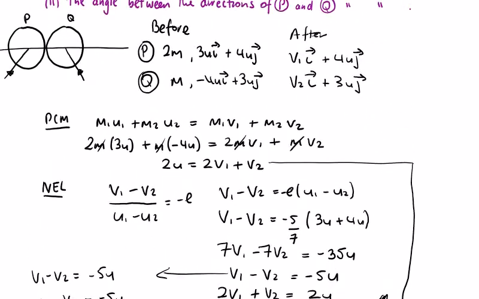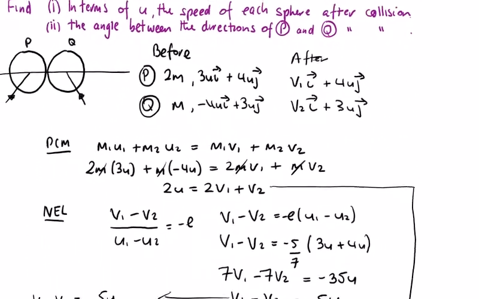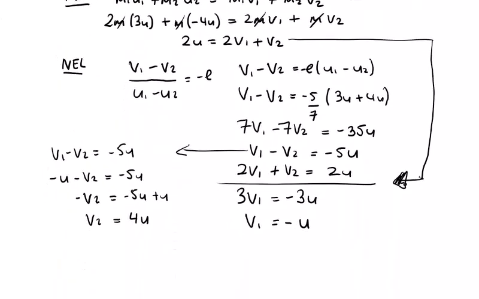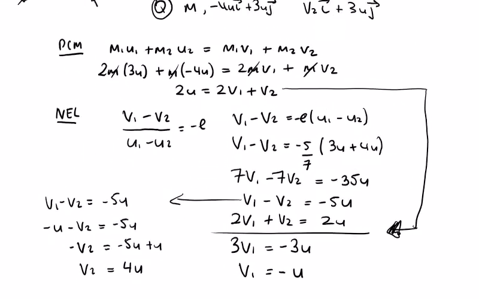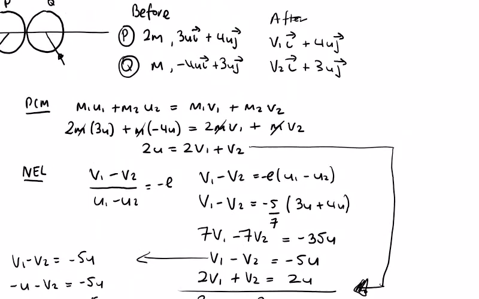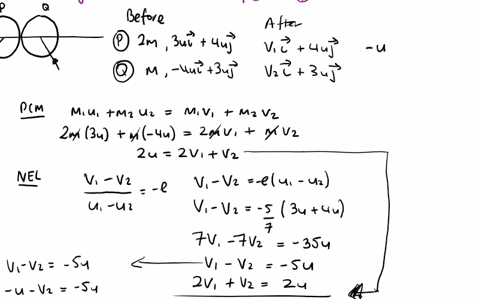Now we were asked for the speeds in part 1, the speeds in terms of u, the speed after the collision. So we just write down what they are afterwards. Now we can do it up here beside the after. For v1, we got minus u, so we're going to have minus u times i plus 4u times j. And v2, we got 4u times i plus 3u times j.